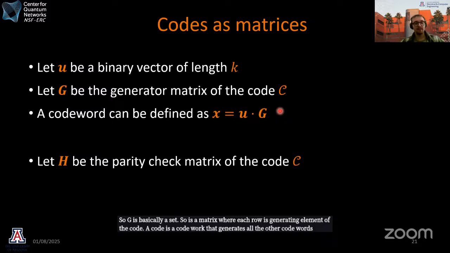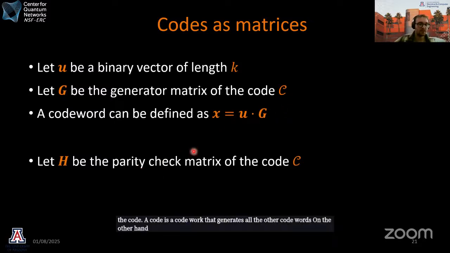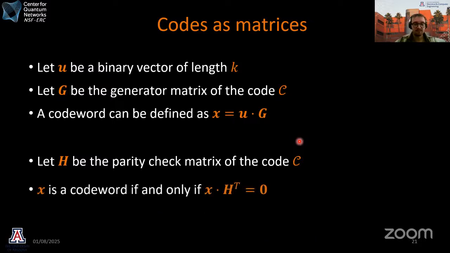On the other hand, H is the parity check matrix of the code, which is defined in this way. Given X a code word of the code, then it must be that X times H transpose gives you 0.